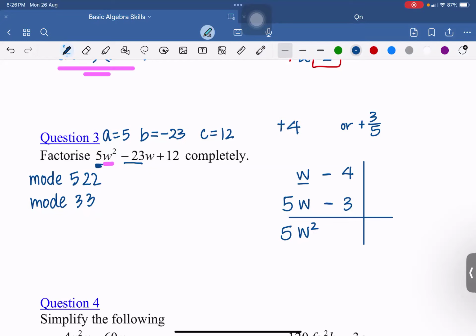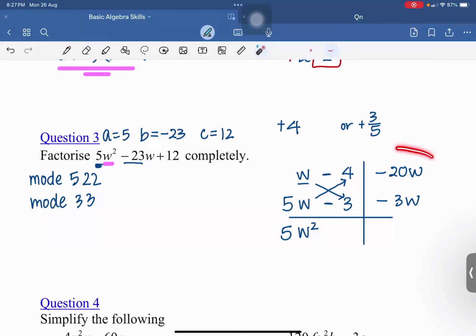Let us check our working. 5w times negative 4, negative 20w. Written over here. Multiply, cross over this portion. Next one, w cross with negative 3, negative 3w.